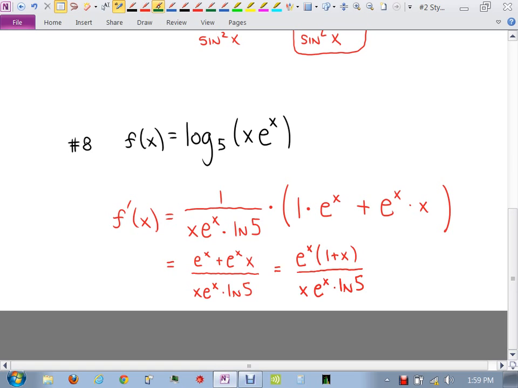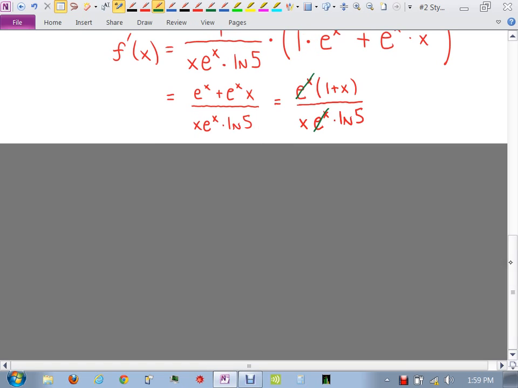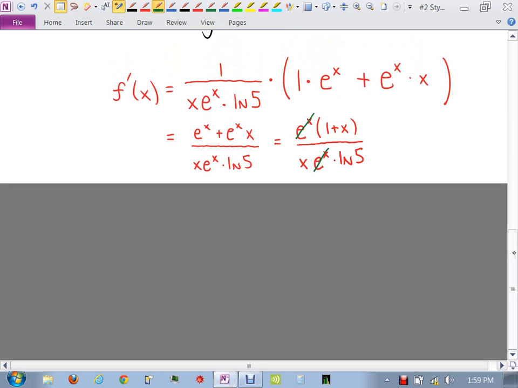Cancel the e to the x, because there's multiplication on the bottom, right? So you can cancel through. Can y'all see that all right back there? So I'm left with 1 plus x over x times natural log 5.